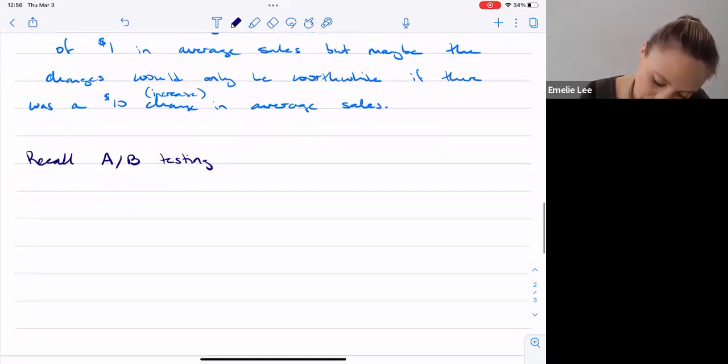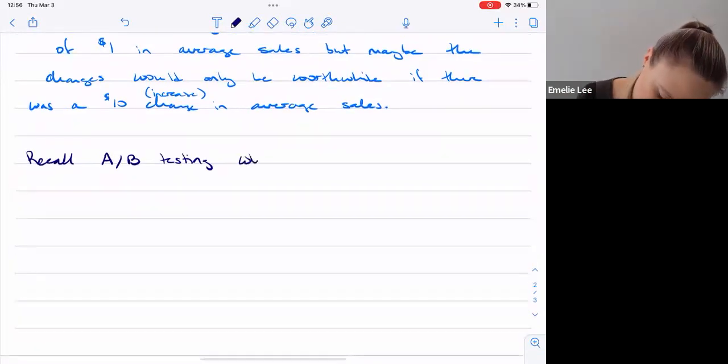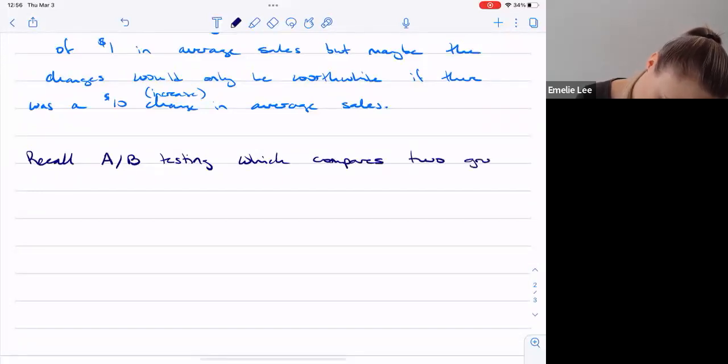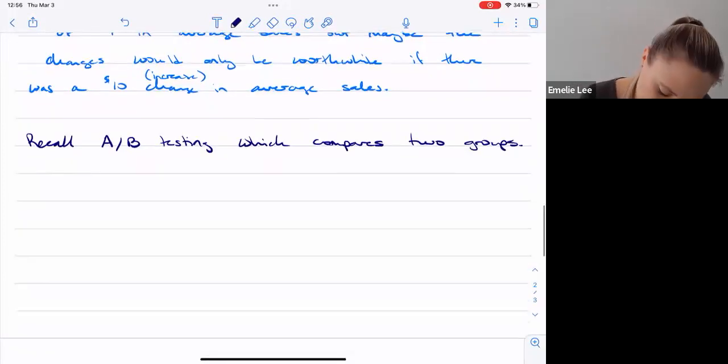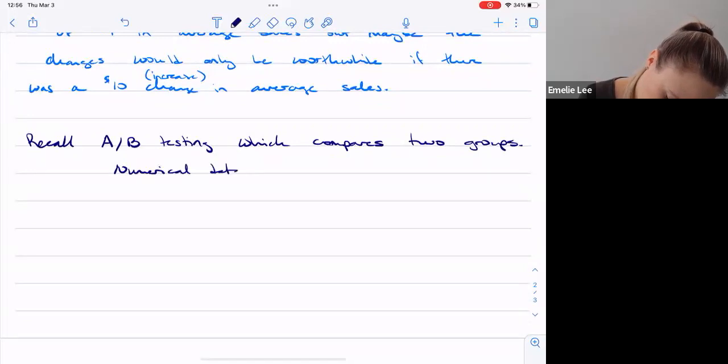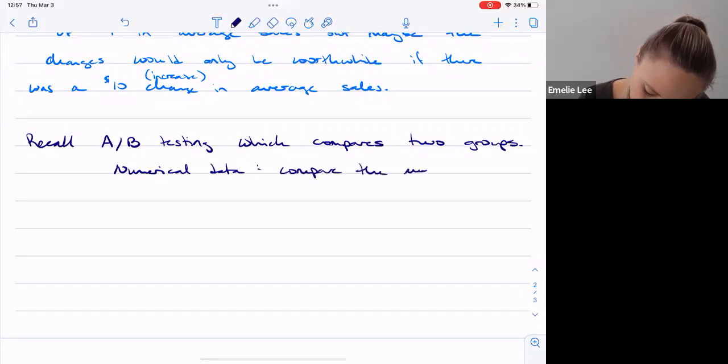So recall A/B testing, which compares two groups, right? And it can be numerical or categorical data. For numerical data, we can compare the means using a t-test.